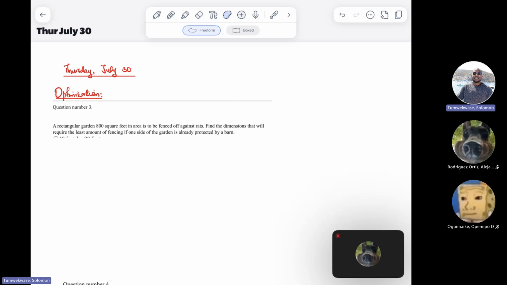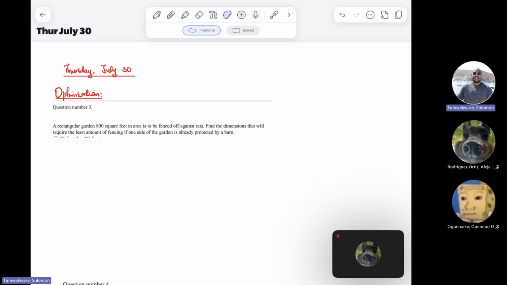So in optimization, the most important thing is, one, you have to think of how the figure looks. Usually when you have the figure, life becomes easier. So one, you have to sketch, then you have to find the formula or the expression related to the problem.